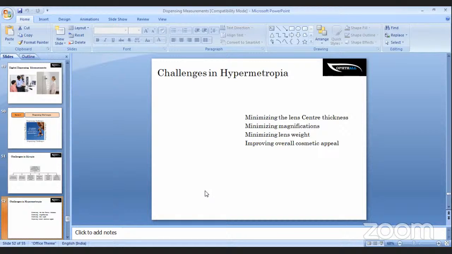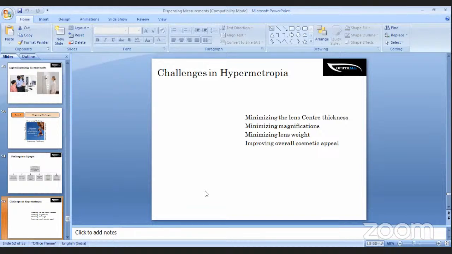In case of plus power, you have a different set of challenges. Here the biggest challenge is you need to reduce the center thickness of the lenses, and also minimize the effect of magnification, because plus lenses magnify the eyes and cosmetically it does not look nice.